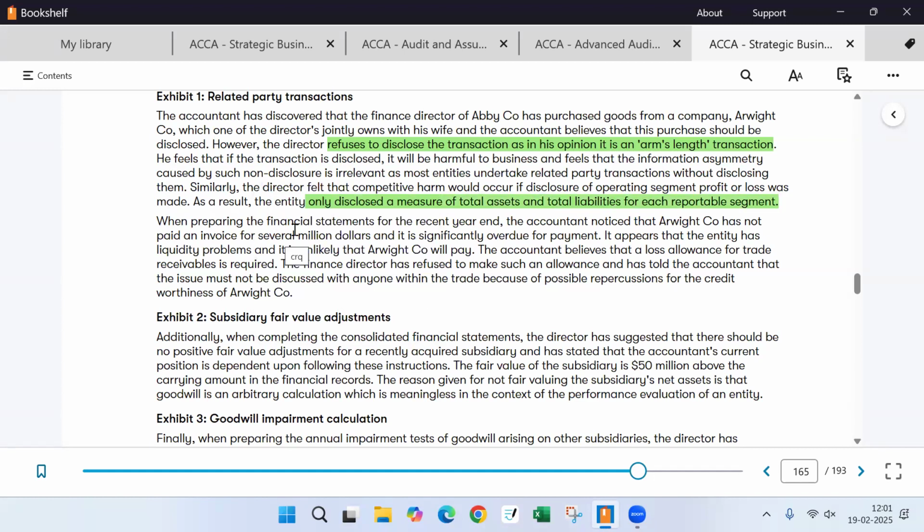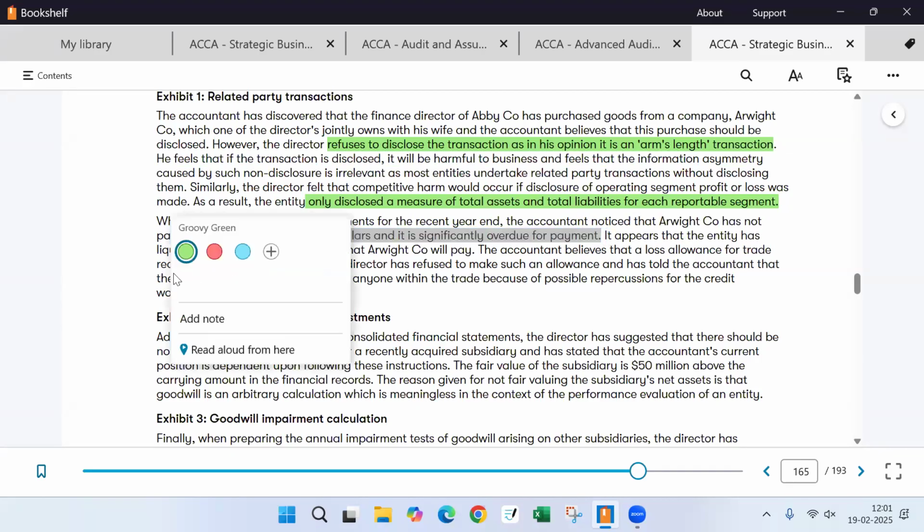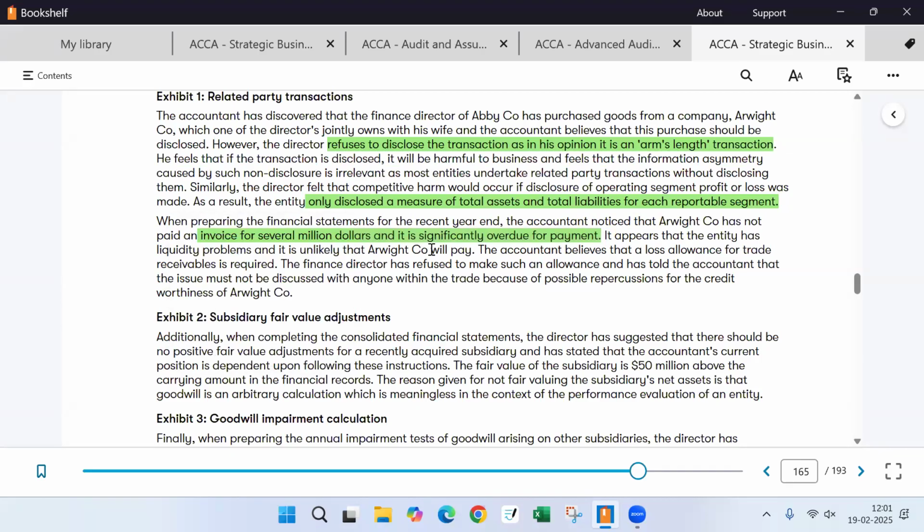When preparing the financial statements for the year end, the accountant noticed that Alright has not paid any invoice of several $millions and is significantly overdue for payment. It appears that the entity has liquidity problems and it is unlikely that Alright company will pay. The accountant believes that a loss allowance for trade receivables is required.